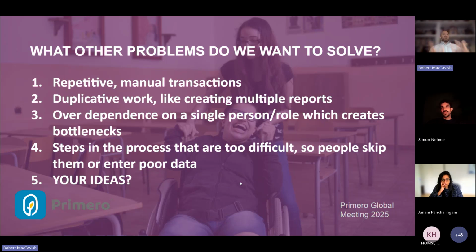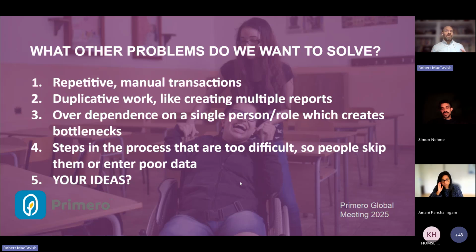So I'm listing a few of the problems that we want to solve that we hear about all the time. Right? But we really want this information to come from you. So types of problems we want to solve: repetitive, manual transactions, things that caseworkers shake their head at and dread, and they have to spend a lot of time doing because those processes have not been streamlined.